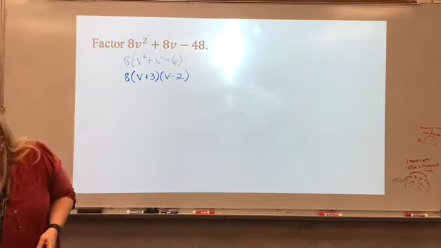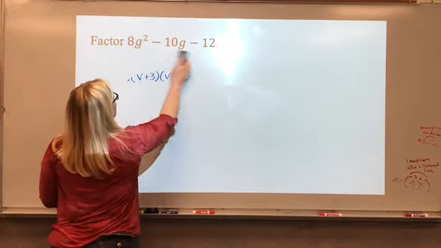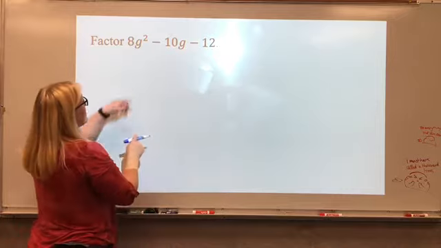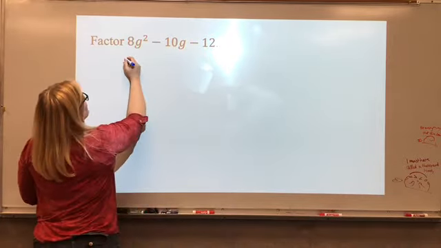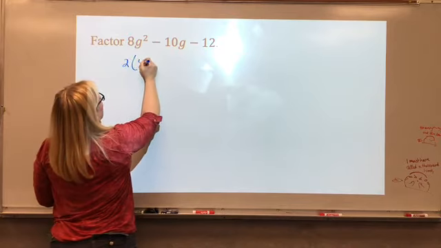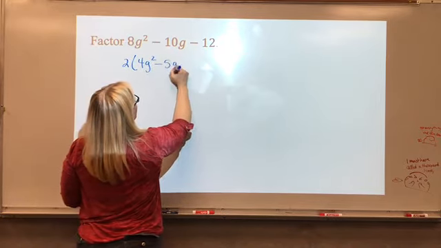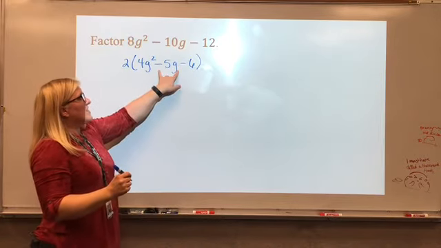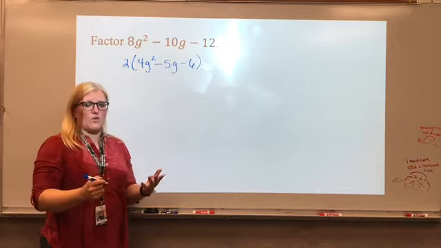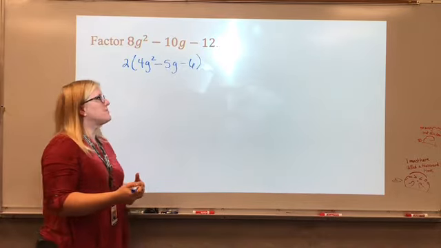All right, another example. In this example, we can't pull an 8 out, but we can pull out a 2. So if I factor out a 2, I'm left with 4g squared minus 5g minus 6. And we can factor this doing guess and check if we want to. I'm going to use the X-box method because that's what I prefer.